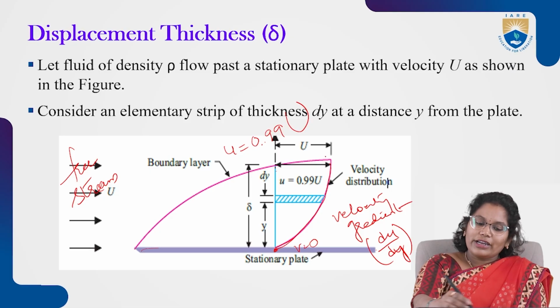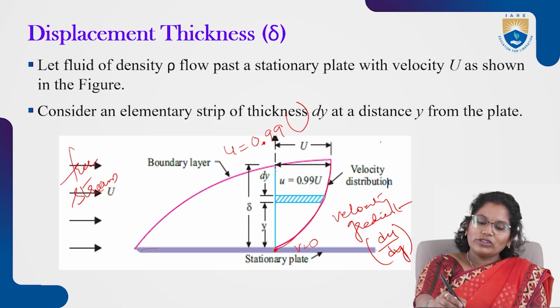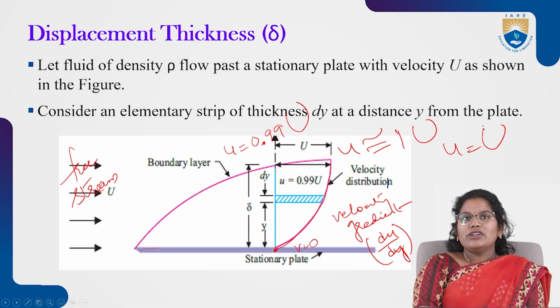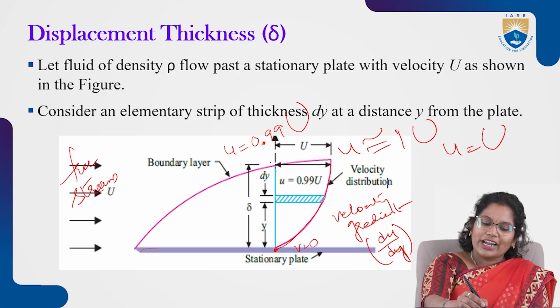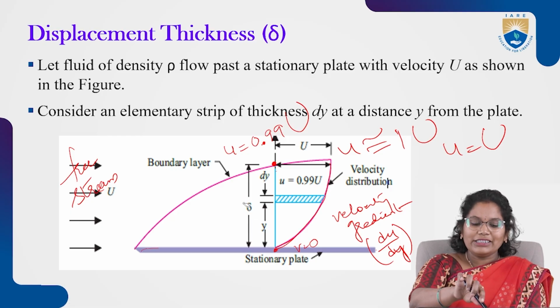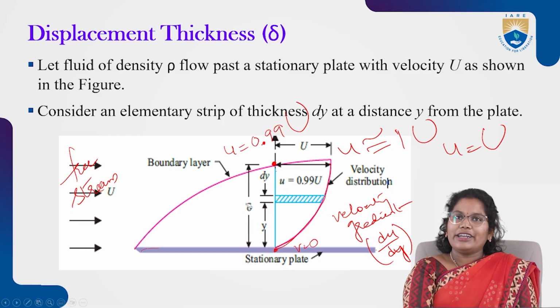That means approximately 1, so small u is equal to capital U, right? Up to that point we consider it the boundary layer thickness, that is delta.